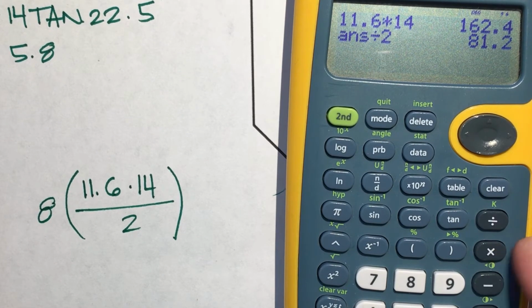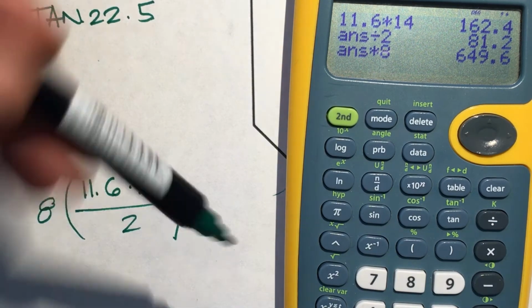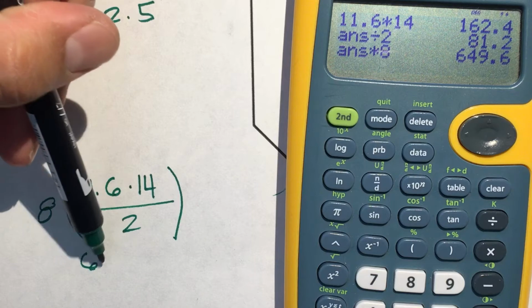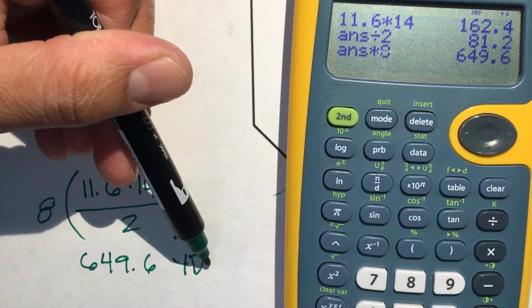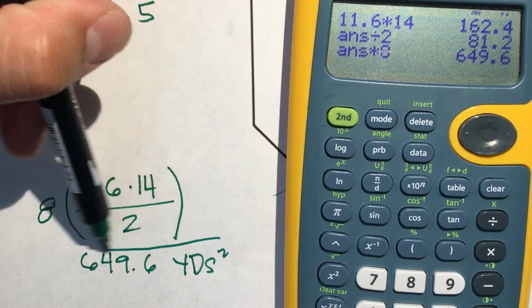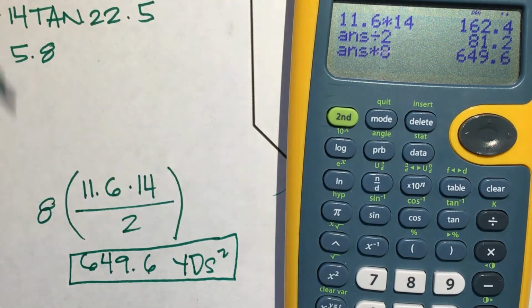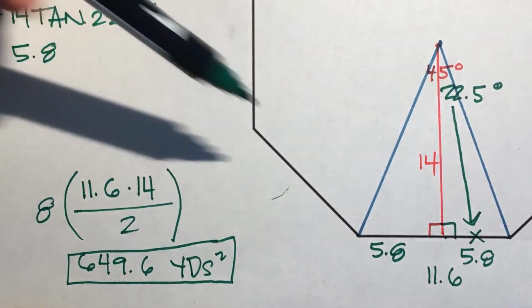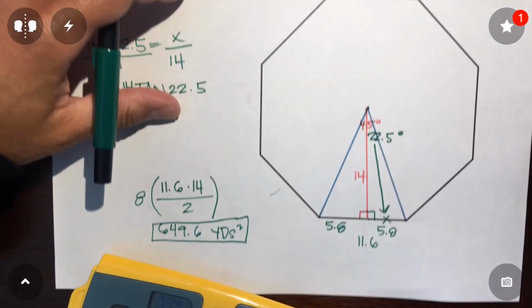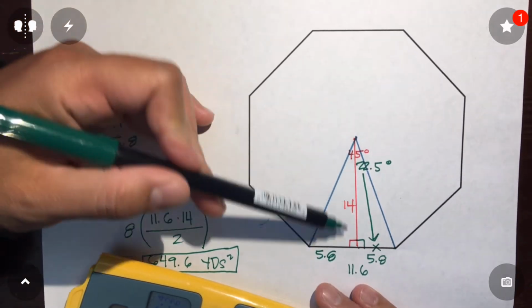But we want all 8 of them to get the full area of the octagon, which is 649.6 yards squared. So that's how many square yards fit inside this octagon when the apothem is 14.